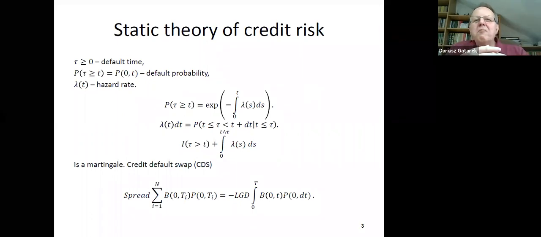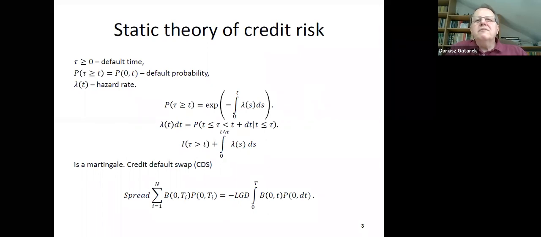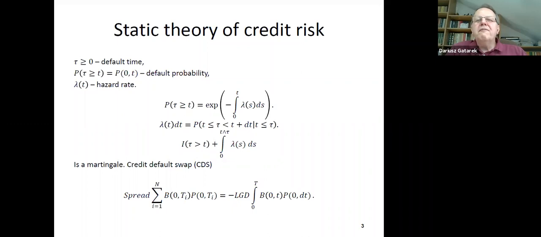When a company goes bankrupt, the price of stocks goes down, but we cannot call it default. It's got some value, and it may change. The company may be restructured. So we are not saying that stocks default, but bonds, of course, may default.